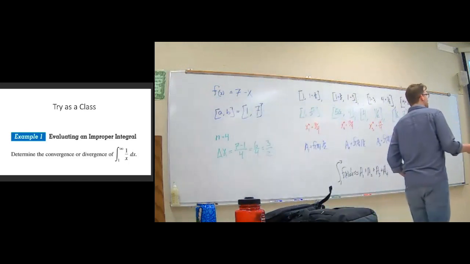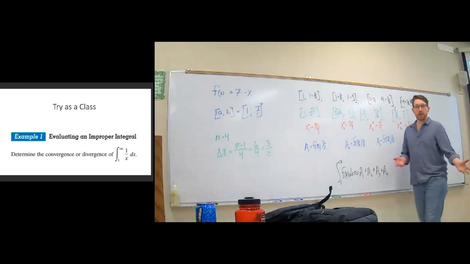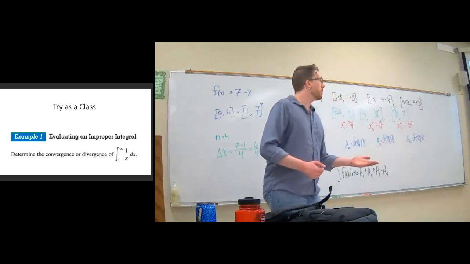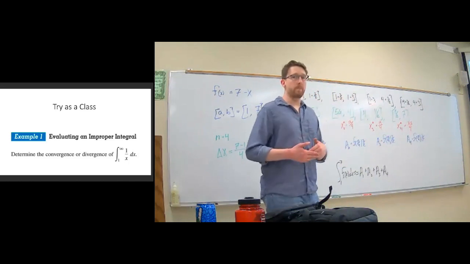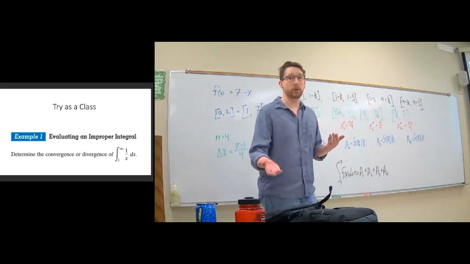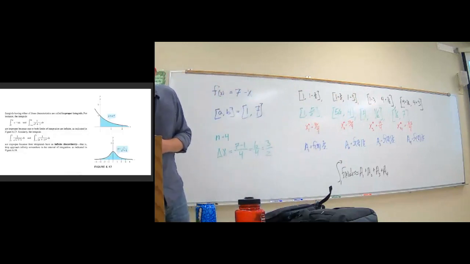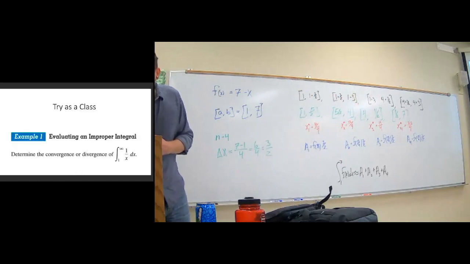If an integral comes out to be a nice number, a number not like infinity, then we say that integral converges. If it goes off to infinity or negative infinity, then we say that integral diverges. So the idea of convergence and divergence is this comes out to be a good number, a number that we can write down, convergence. This comes out to be infinity or negative infinity, divergence.